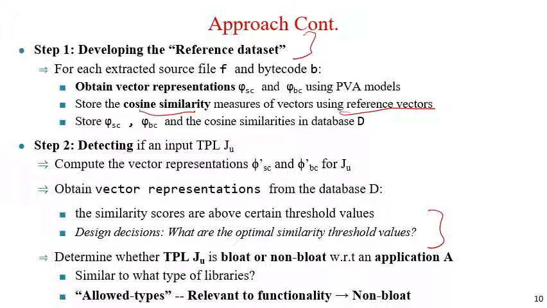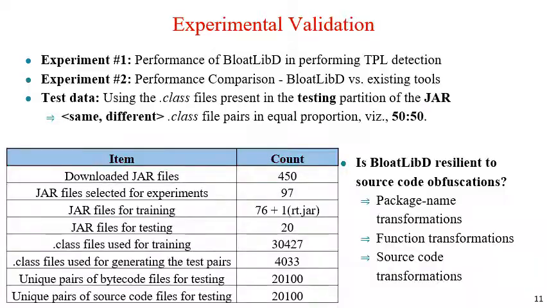Then another important question was how to check whether it is bloat or non-bloat. If a particular source file provided as input shows considerable similarity with the files present in our reference dataset, it is considered to be non-bloat in nature. So that is the criteria.